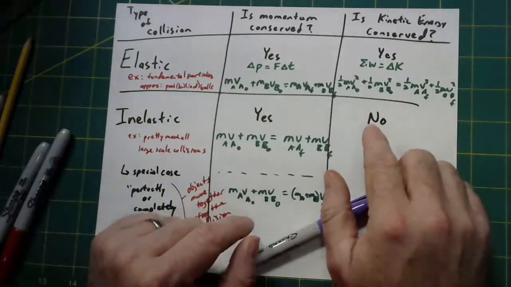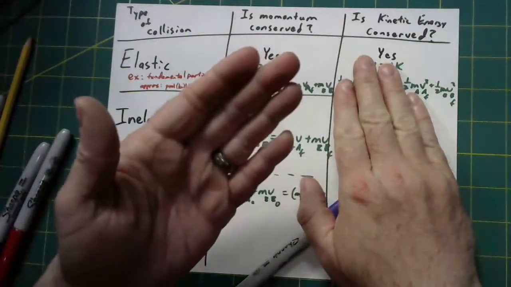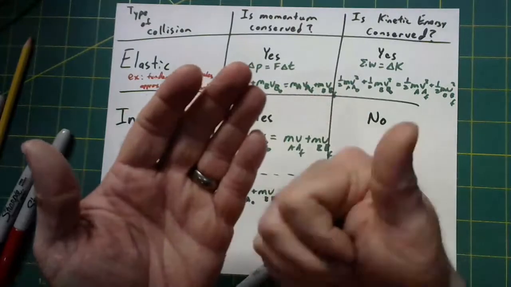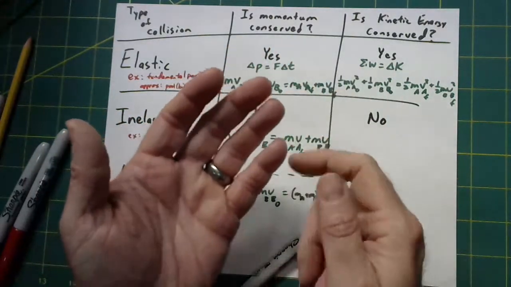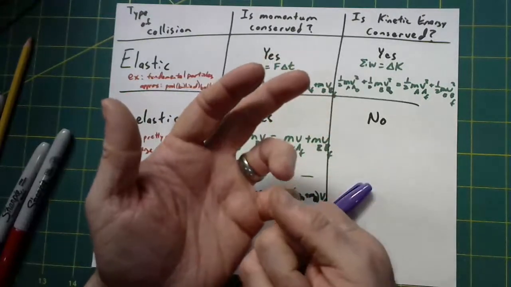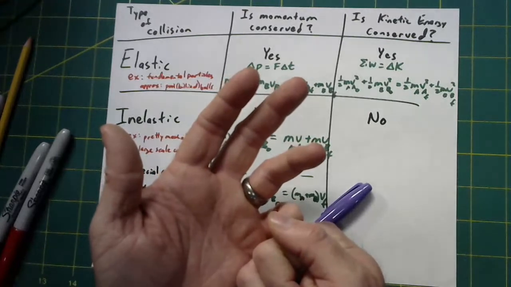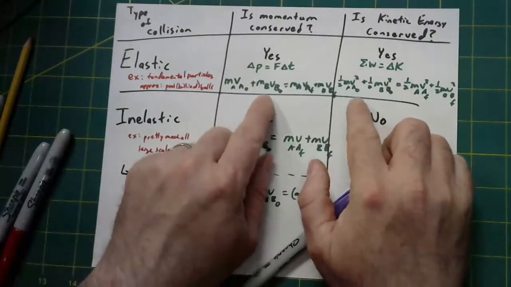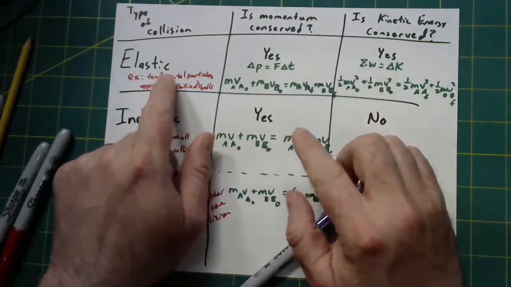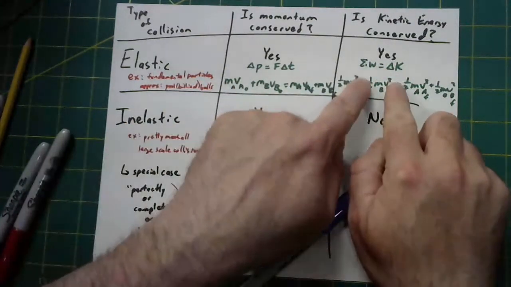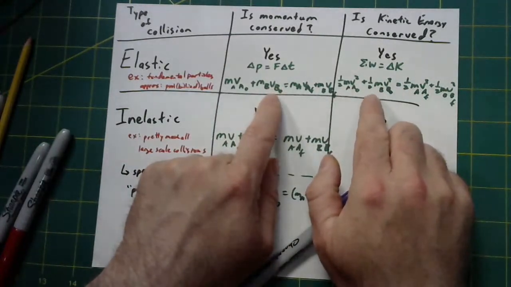Well, 6 variables, and it's the same 6 variables. Now, if I only had one equation, they'd give me 6, they'd have to tell me 5 of them so I could solve for the 6th. But now, because I have 2 equations to work with, they only have to tell me 4 of the variables, and I can write 2 equations, substitute, and solve. So they only have to tell me 4 instead of 5 variables. If I know that it's elastic, that gives me another piece of information. It lets me use this formula, so I can solve that other way.